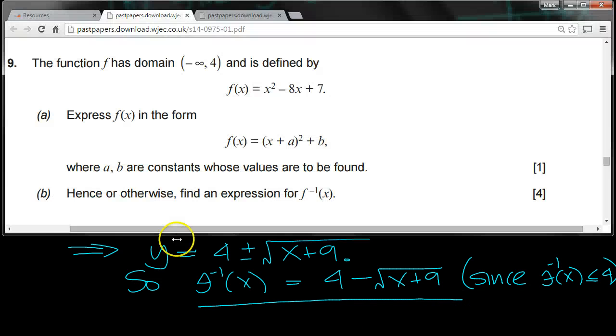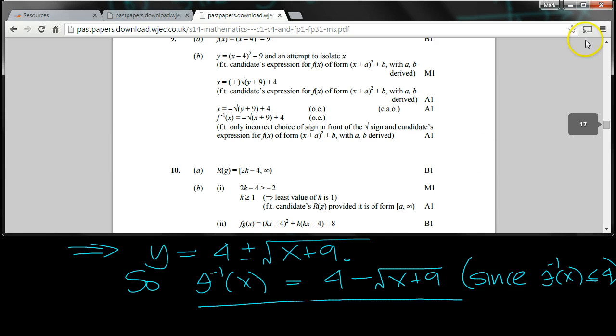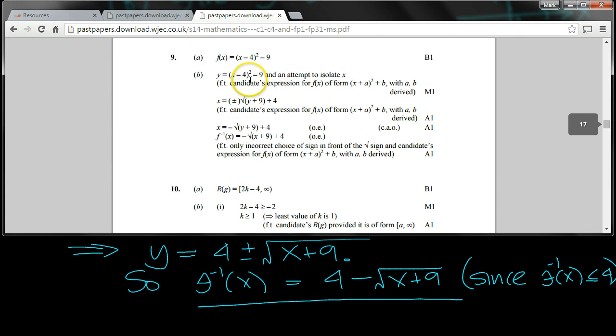Let's check the answers. Okay, number 9. So what's A and B here?